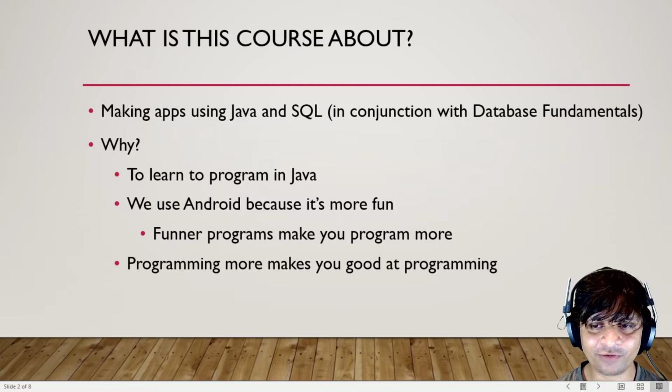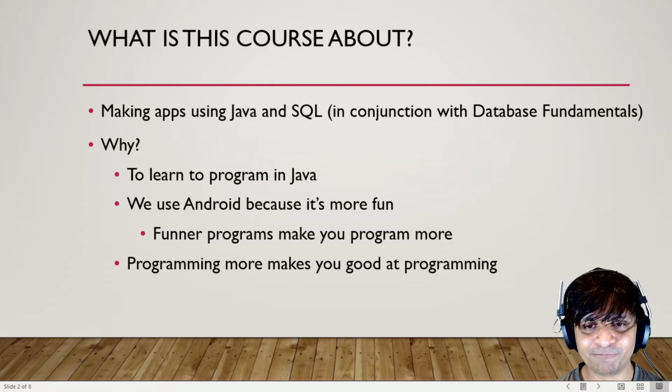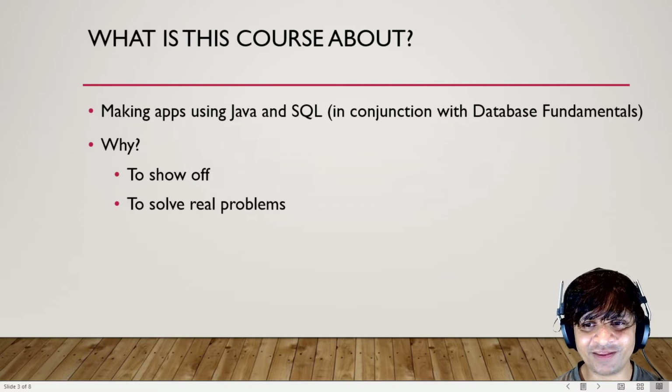So a fundamental goal of what we're doing in this course is to make you enjoy programming so that you'll just do it for fun. Okay, if you do it for fun and you give yourself some projects that you think are cool and you work on those projects, you're going to get good at programming. Okay, so the main reasons are up there, but there are some rather more important reasons that I think don't get enough attention, and one of them is to show off.